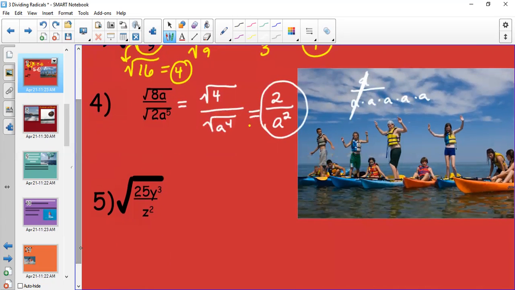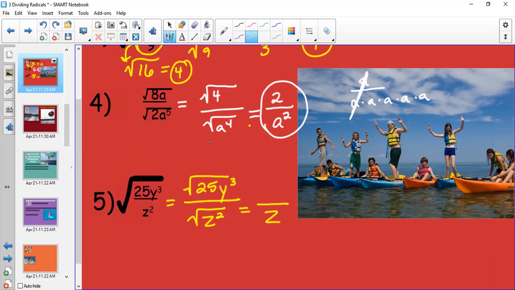All right, and last, number 5. I can't simplify anything. So I'm going to split them. I have the square root of 25y to the 3rd on the top. And on the bottom, I have square root of z squared. And the square root of z squared, how many pairs? Just 1 pair.